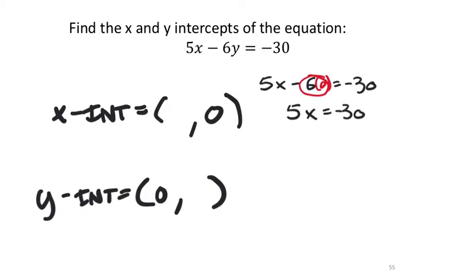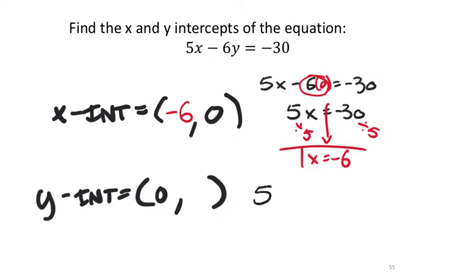I think that's doable. So I can solve this with a principle of equality to make this 1x simply by dividing both sides by 5. So negative 30 divided by 5 is negative 6. My x-intercept is negative 6, 0. And of course, if you needed to put that on the graph, you could.